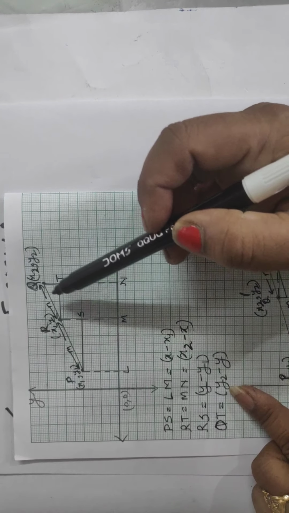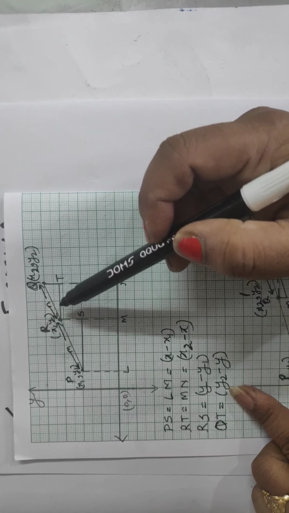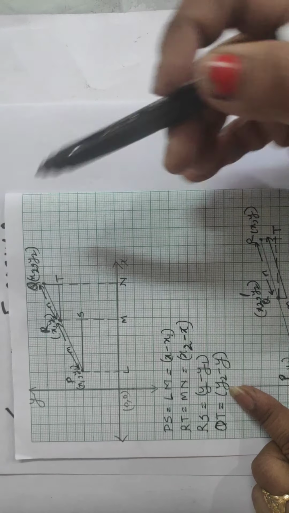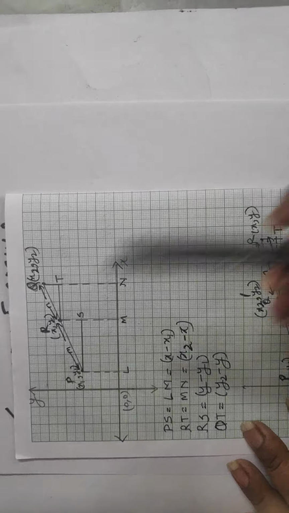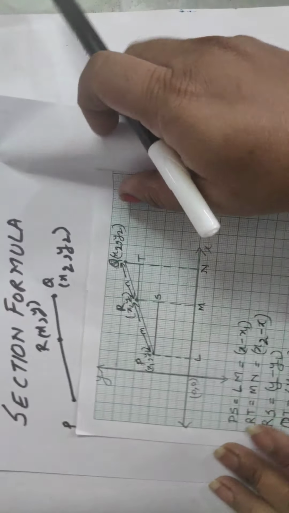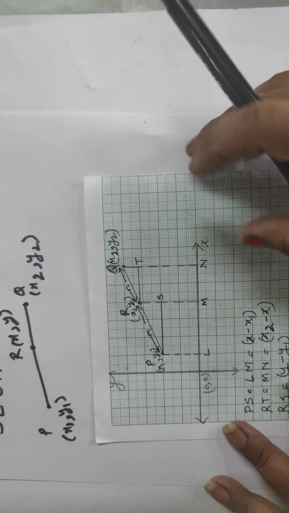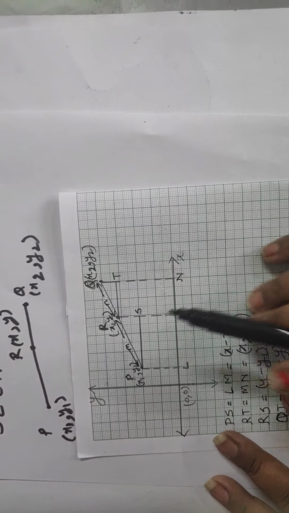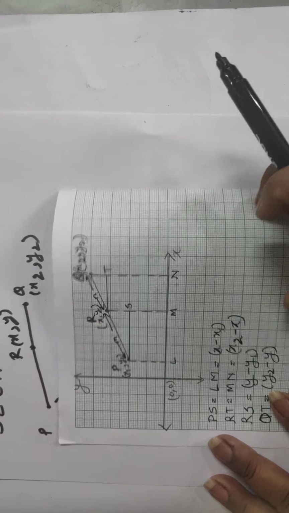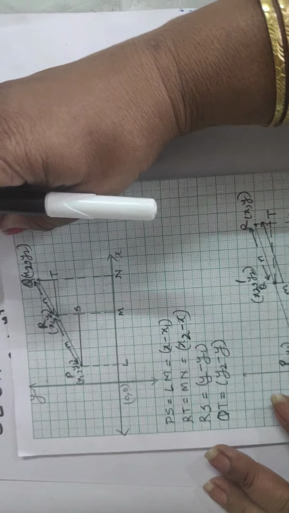Using it, we can find the coordinates as well as the ratio. The line segment PQ and the point R are given, and I represent them on the graph here; a few constructions we need to do.